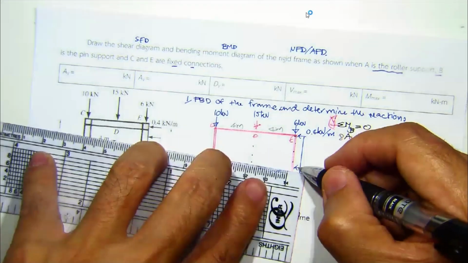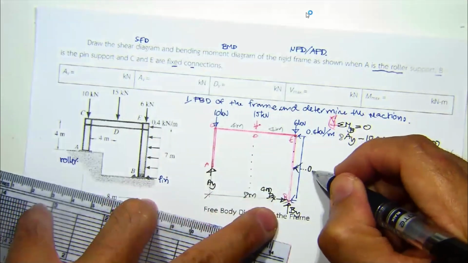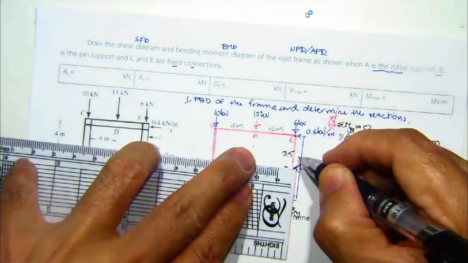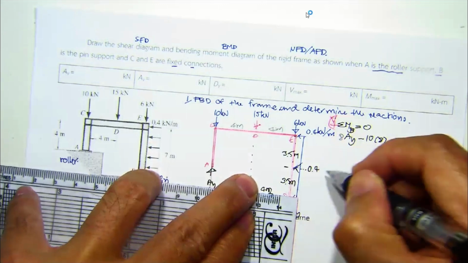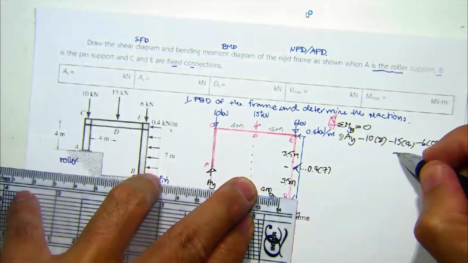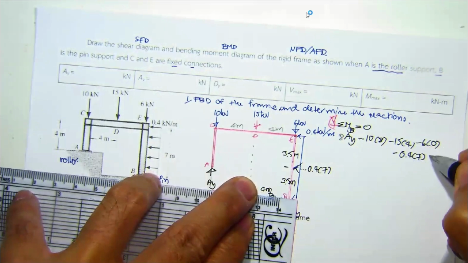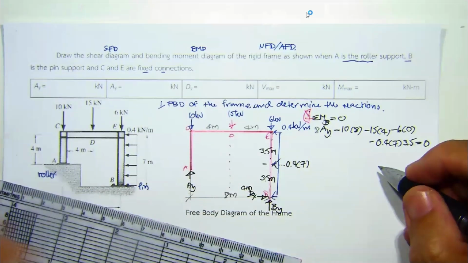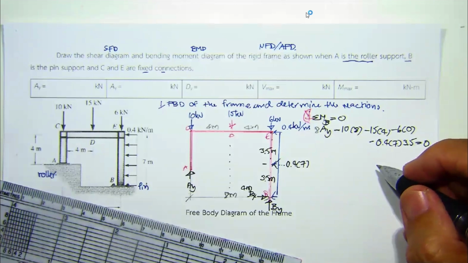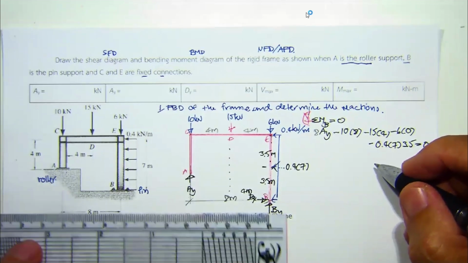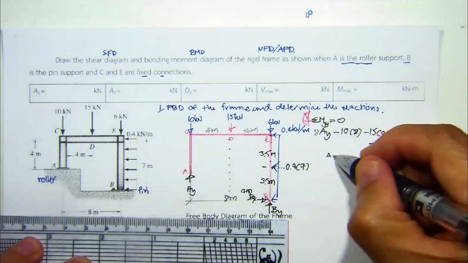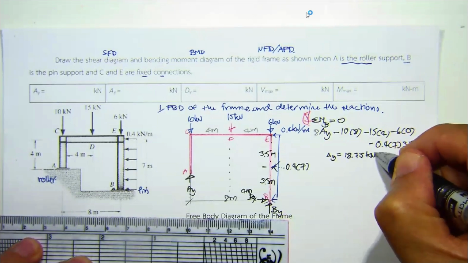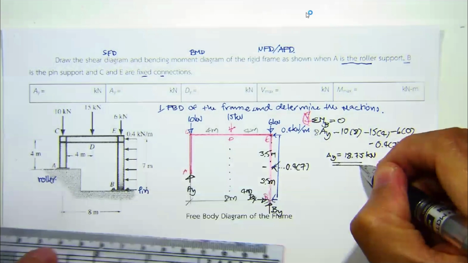For the wind load, we have the resultant of 0.4 times the length 7, acting at 3.5 meters: minus 0.4 times 7 times 3.5, and all of that equals 0. After you put everything in the calculator, you should get A sub y to be 18.75 kilonewton, and that goes over here.